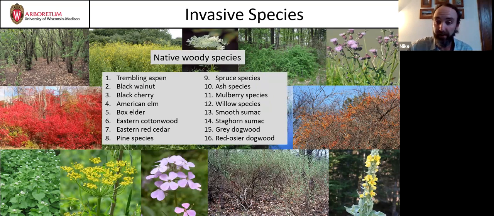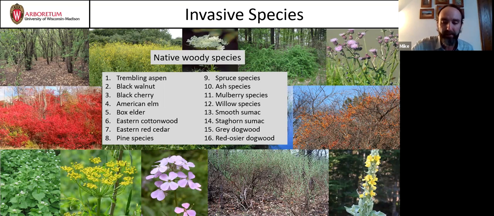Also, there's native species that we consider invasive in the context of the Arboretum and the natural areas that we're managing. Some of these species can become too abundant for what we're trying to accomplish management-wise, and so we manage against those.